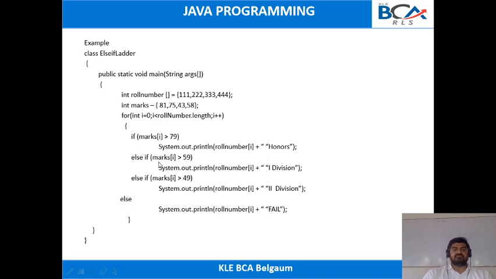Else if marks[i] is greater than 59. Suppose that this condition is evaluated to true, then we display the roll number as well as first division. If the second condition is evaluated to false, next it will go for the next condition, marks[i] greater than 49, which will display a simple message, roll number with second division.